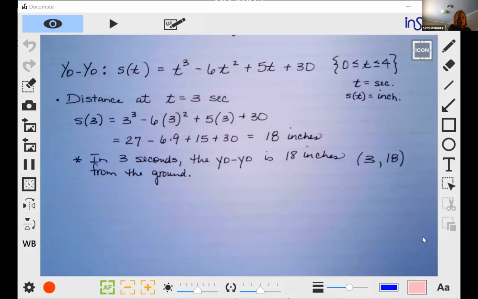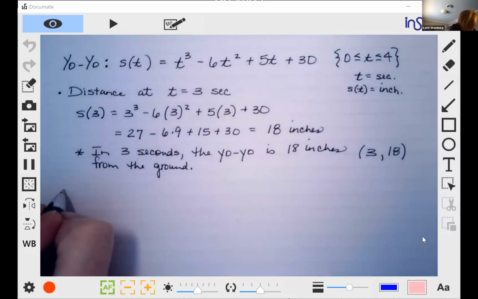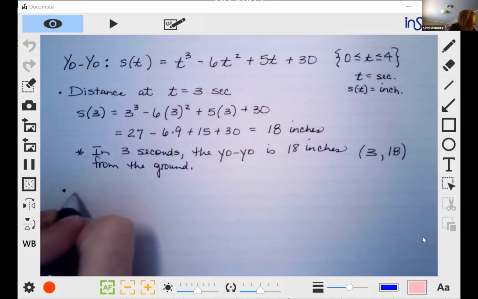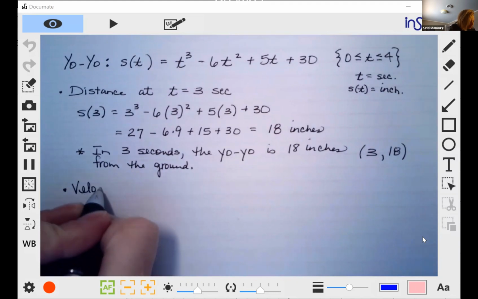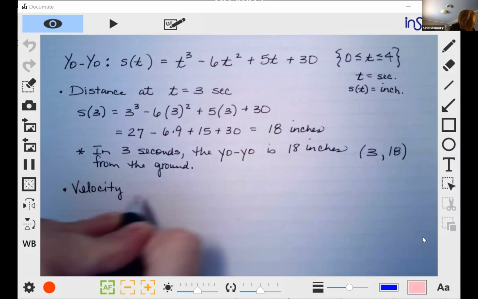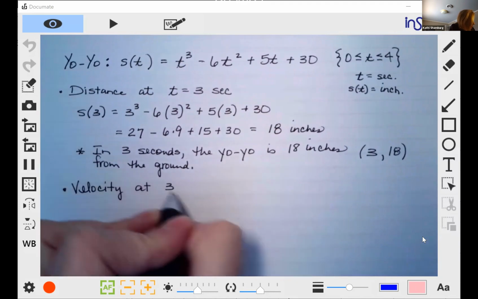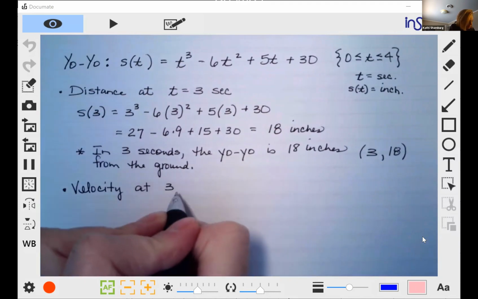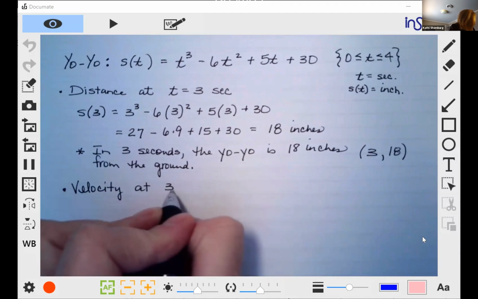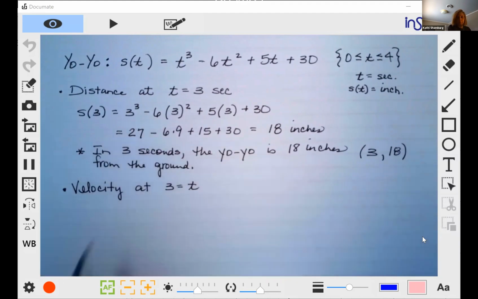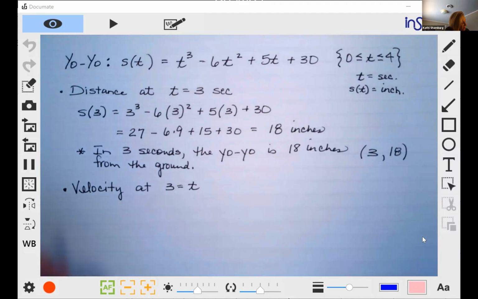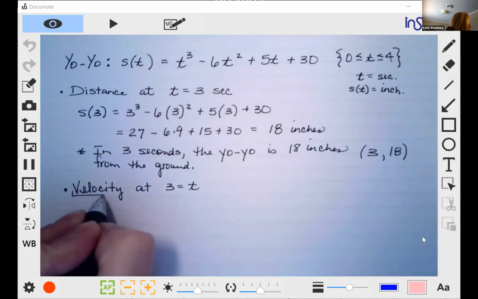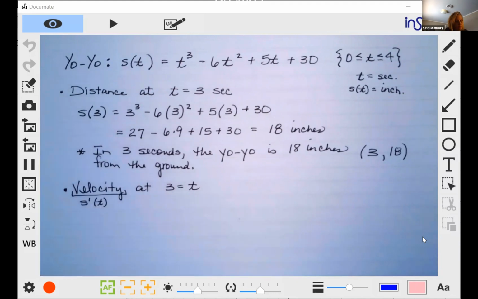All right, so the next thing that we're going to look at is velocity at 3 seconds. Well, at t equals 3. So velocity tells me I need to take the first derivative, because remember, velocity is the first derivative.